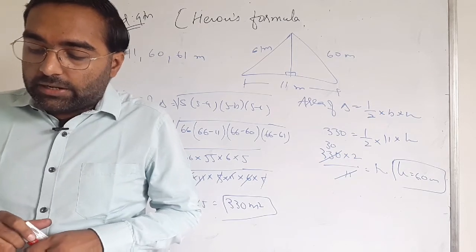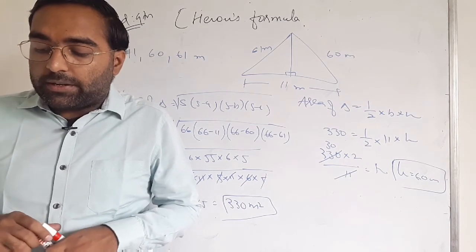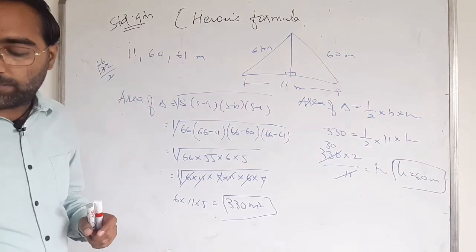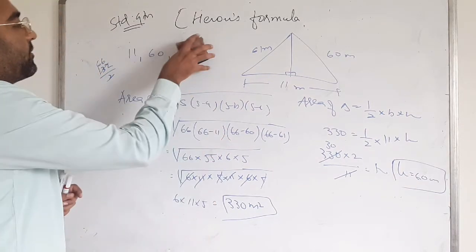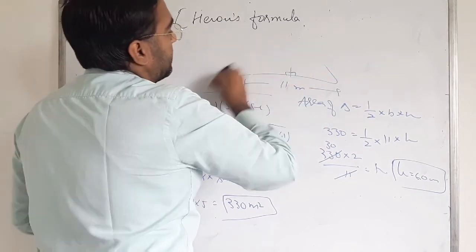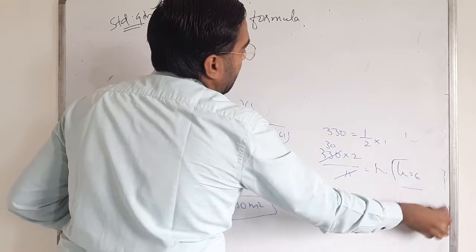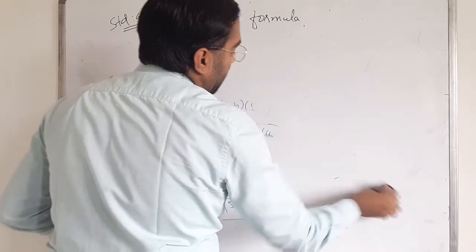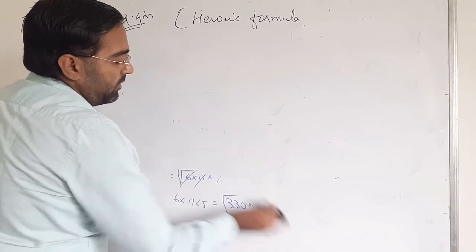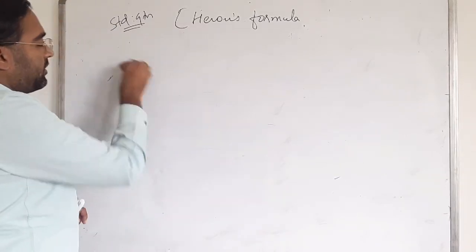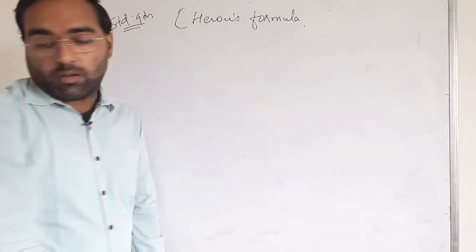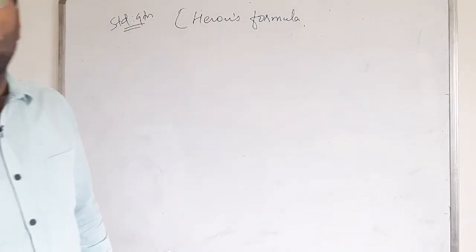The question: the length of each side of an equilateral triangle of area 4 root 3 centimeter square. We have to find the side of the triangle, and the area of the triangle is given, that is 4 root 3.